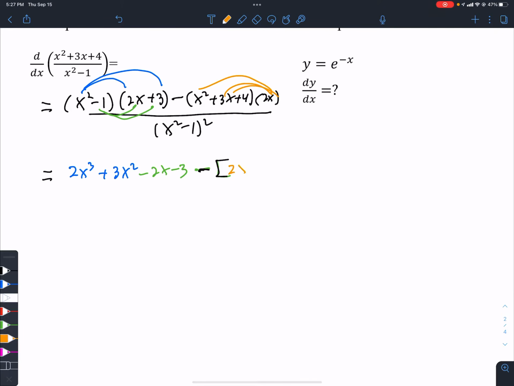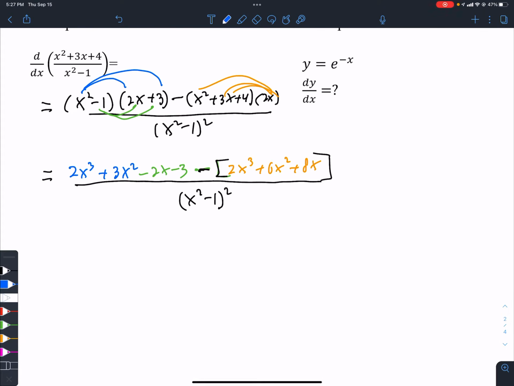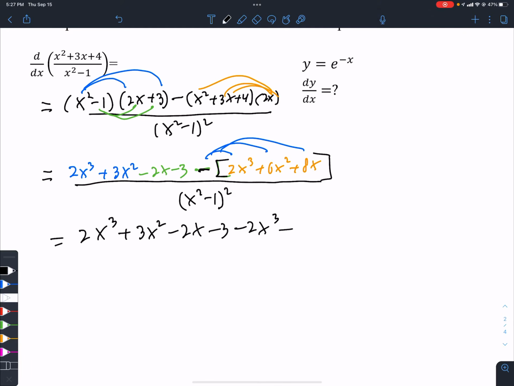That's going to give me 2x cubed plus 6x squared plus 8x. And all of that is over x squared minus 1 squared. Then I have to distribute this, and that will give me 2x cubed plus 3x squared minus 2x minus 3 minus 2x cubed minus 6x squared minus 8x.